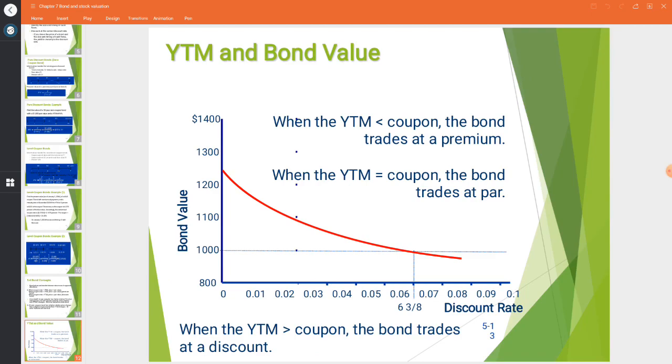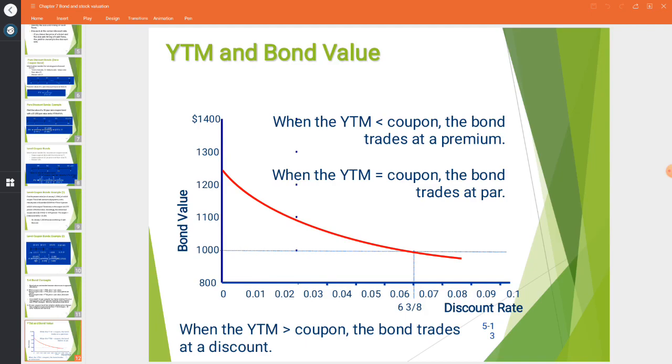Therefore, based on this figure, we could conclude that if YTM is more than the coupon, in this case, we could say that this bond is traded at a discount.